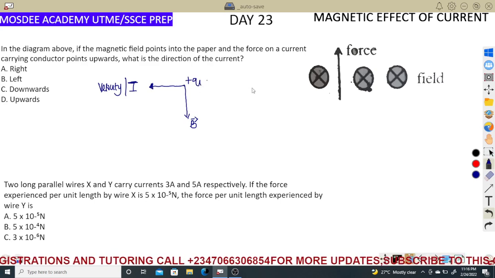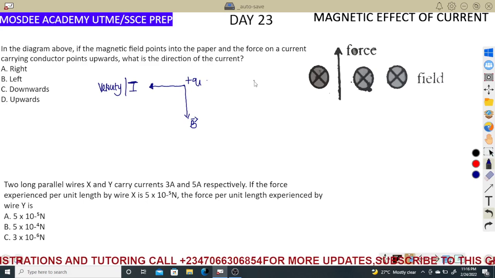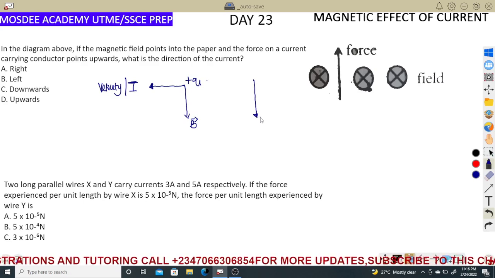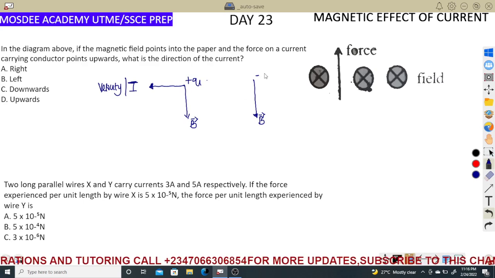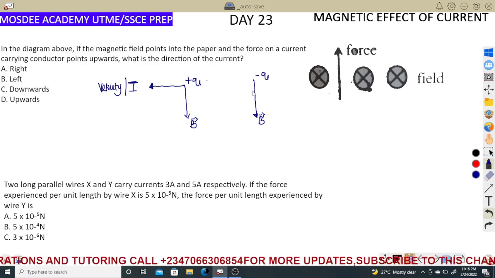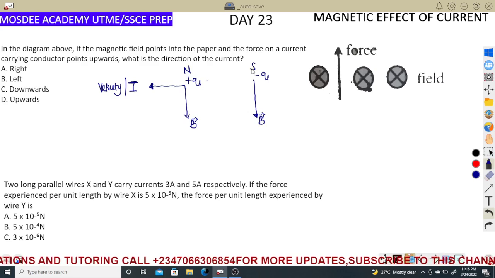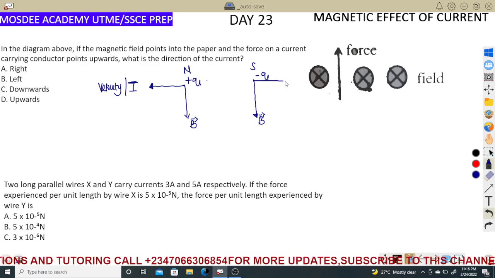Now, if the magnetic field is pointing inward and the charge here is negative, positive charge is north and negative charge is south, the direction of the current will point to this side.